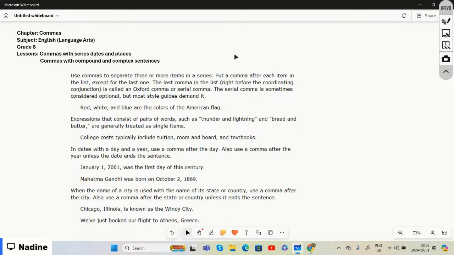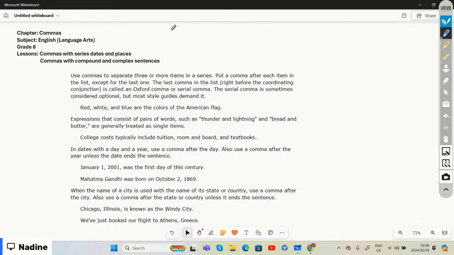All right. So when we use commas, we need to use commas to separate three or more items within a series. Let's say, for example, you say, I like apples, oranges, pears, and so on. Then it means that we need to use commas to separate those three or more items.